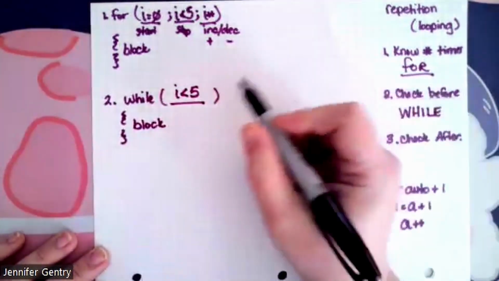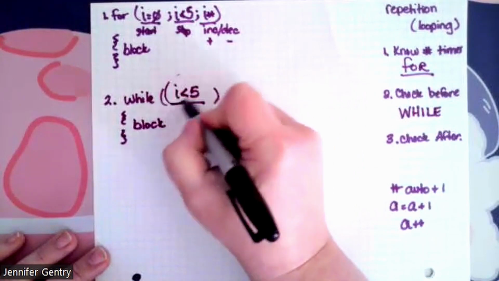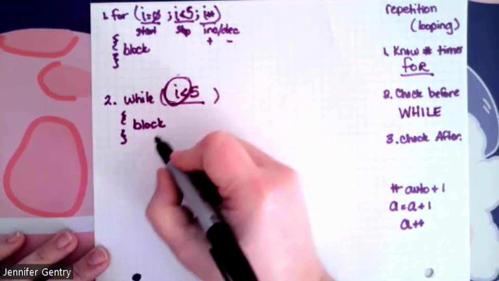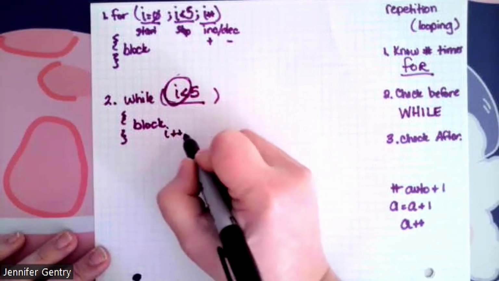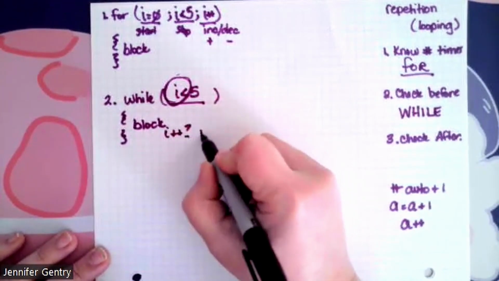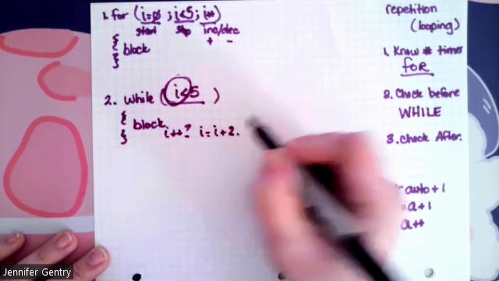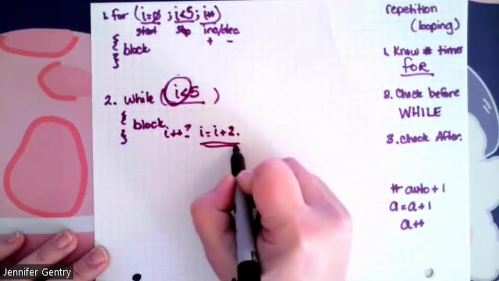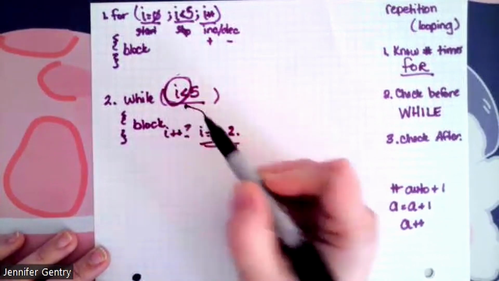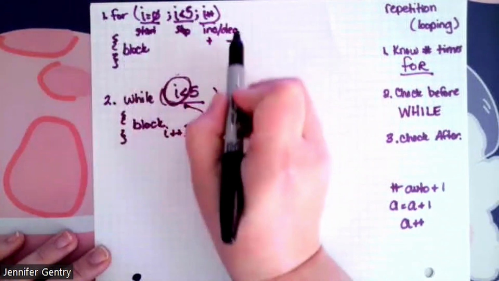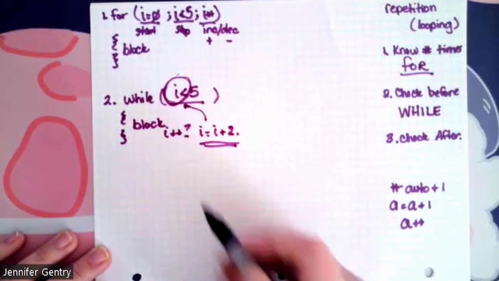Now with the while, you need to make sure that that number changes value in here. So you will have to do like an I plus plus or an I equals I plus 2. You know, something has to be done to change that I. Okay, it's not automatically changed. The only one that it changes automatically is in the for.